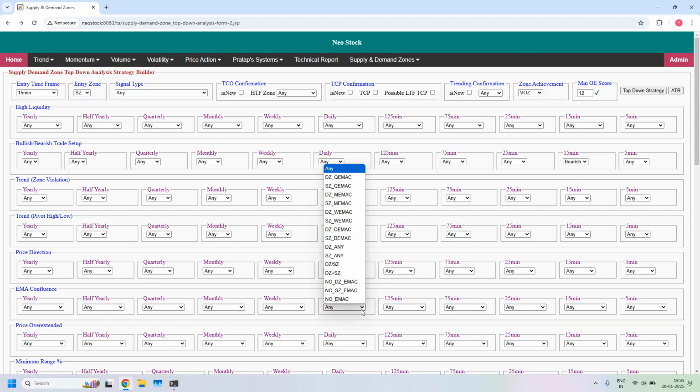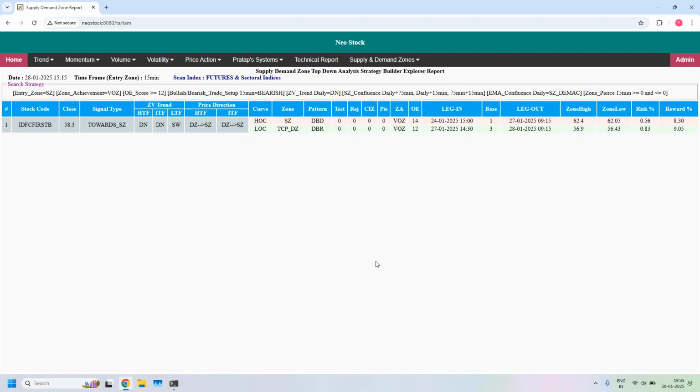That's why we are looking for daily supply zone having daily EMA confluence. And because it is bearish trade setup, trend on the daily time frame for HTF should be downtrend while setting EMA confluence. So with these filters, we got 1 stock. So this supply zone is even more high probability trade setup supported stock.